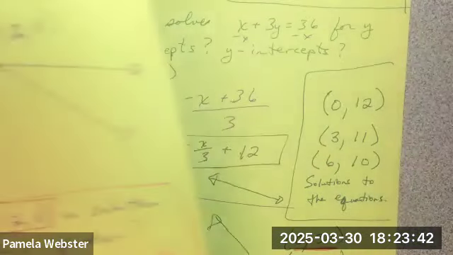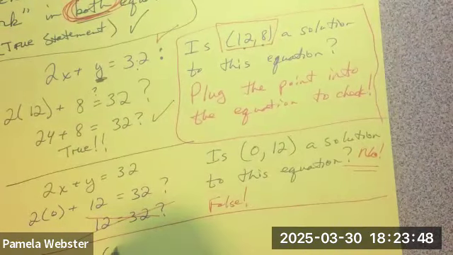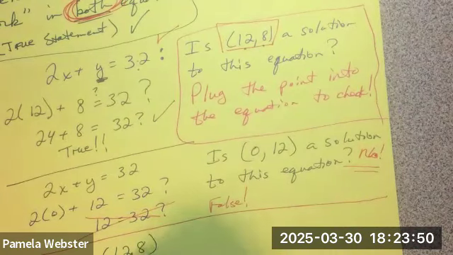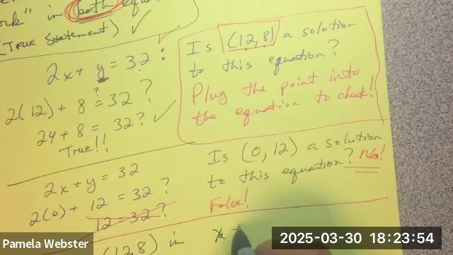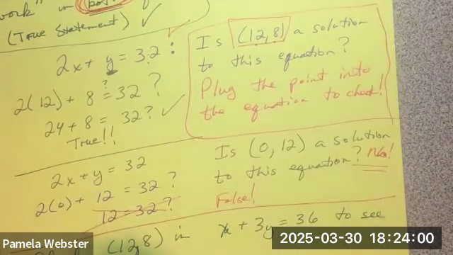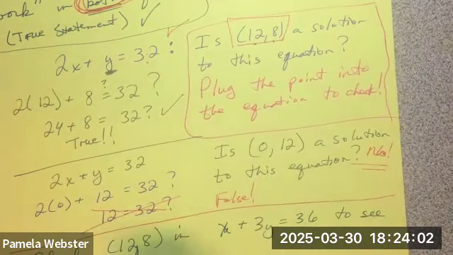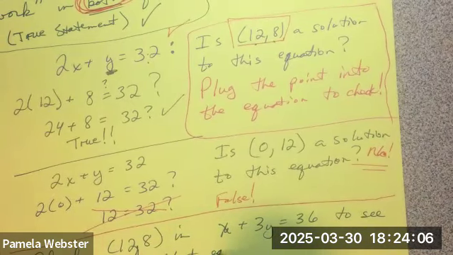So what's my other equation? Check (12, 8) in that equation, which was x plus 3y equals 36, to see if it works in that equation also.